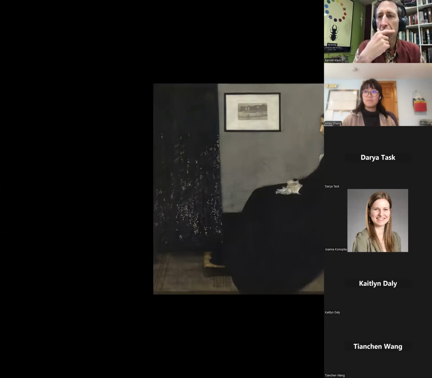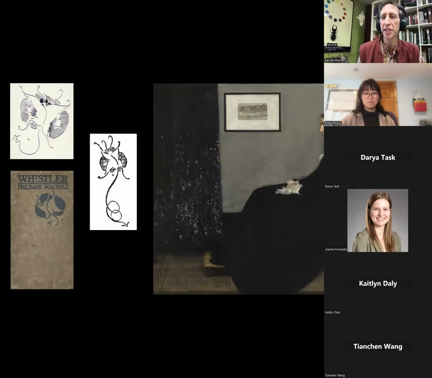James Abbott McNeill Whistler with his Arrangement in Gray and Black, or Whistler's Mother. If you look on that curtain just to the left of the picture she has on the wall, he has a butterfly. And sure enough, it wasn't exactly the same from image to image, book to book, canvas to canvas, but they were all recognizable as a Whistler butterfly.